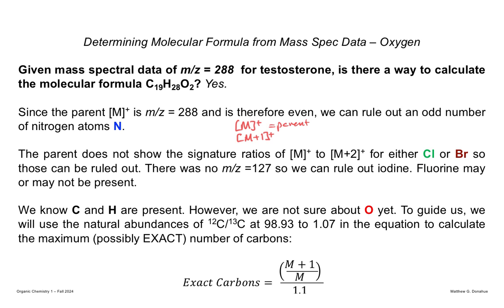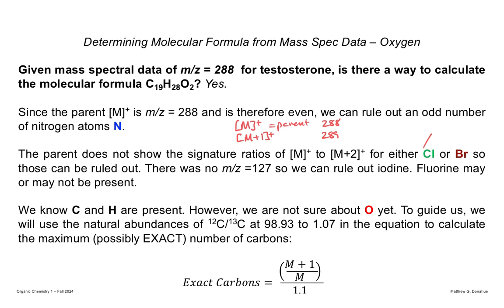So for 288, if that's the parent, M plus 1 would be 289. Chlorine and bromine both have significant M plus 2. So you're looking at the parent, you're scanning 2 mass units over, and then you're looking at the ratios of the intensities.